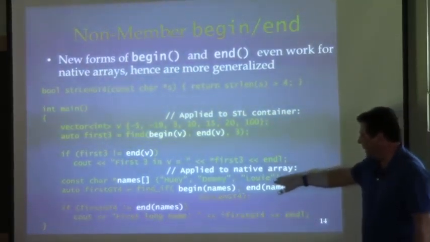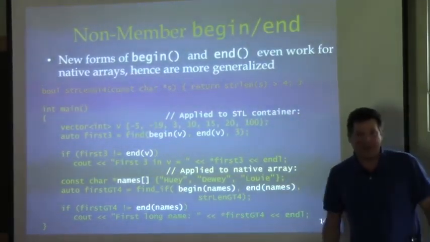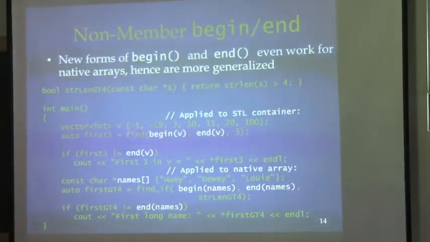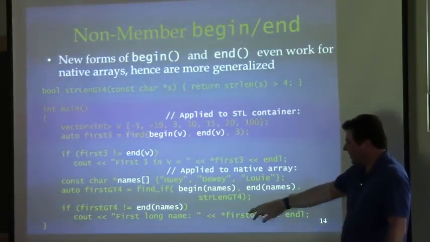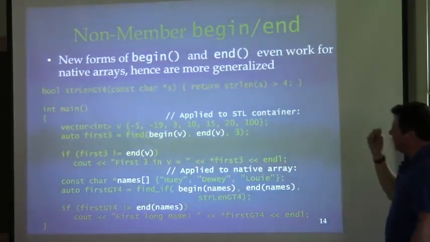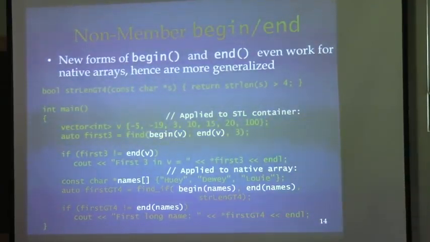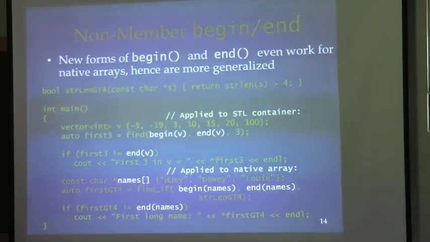And then if you change this by adding extra elements, make sure you've computed in a way that adjusts to the change. Well, you don't have to worry about that anymore if you use the non-member begin and end. So I believe the convention is to just start using this everywhere. Once you see this, you don't ever need the old style member function begin end ever again for anything. You might still choose to use it because it's an old habit, but you don't need to. If you switch this to everything, it'll work. And again, no cost.